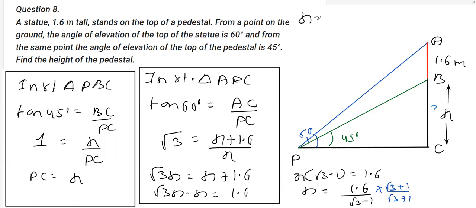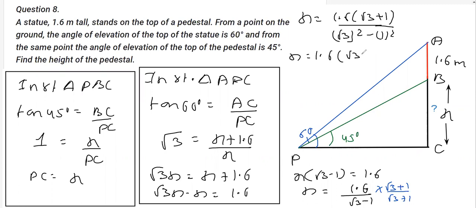This is 1.6 multiplied by √3 plus 1, and below is a plus b, a minus b, which can be written as a square minus b square, that is √3 square minus 1 square. So finally, X is equal to 1.6 times √3 plus 1 over 3 minus 1, so X is equal to 1.6 times √3 plus 1 over 2.